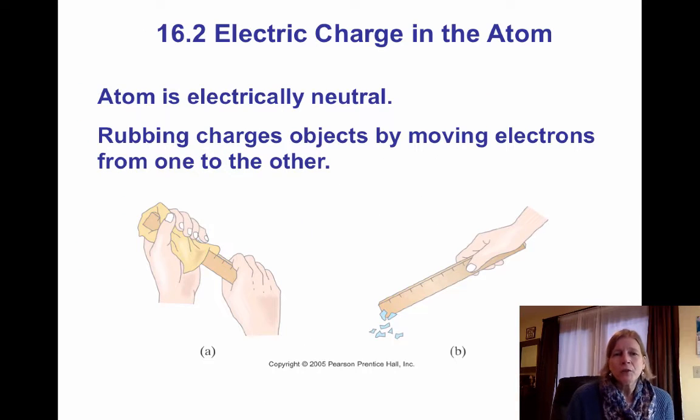So an atom is shown there as electrically neutral, and then rubbing charges objects by moving electrons from one to the other. So it's the electrons that move. When I rub the ruler with the cloth, and if I end up with an excess of electrons over here, I've taken excess electrons from the cloth and moved them to the ruler. So the electrons are what move.